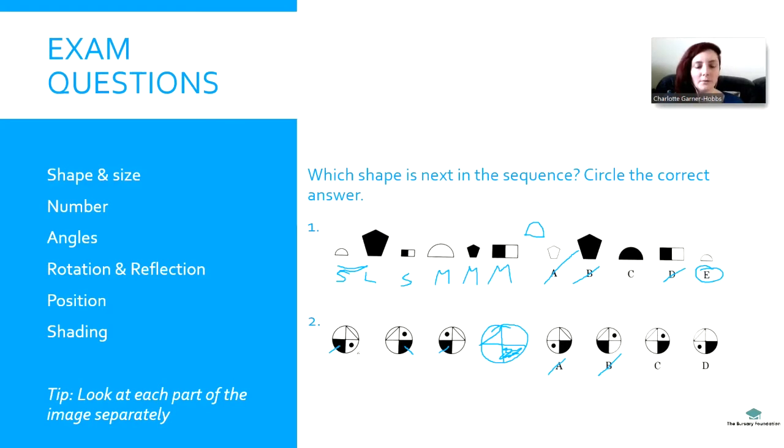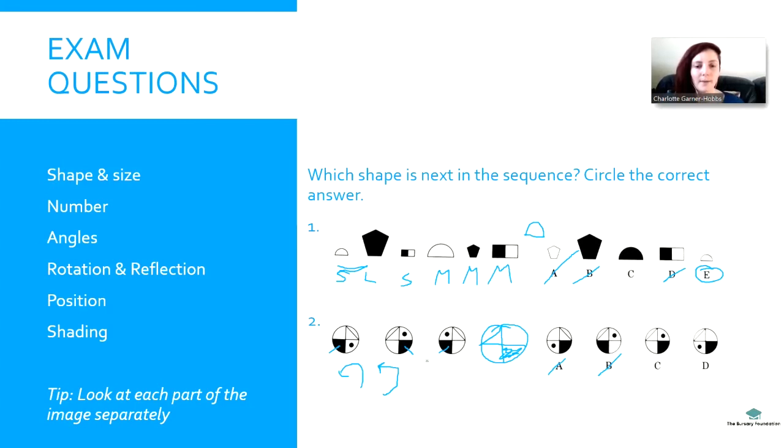Now at this point, I'm going to have a look at the little black circle here, which is rotating because it starts in the bottom right, moves around to the top right, and then to the top left. If you think of this as being a rotation, and again, you can draw this out if you need to help you, and pop a little arrow here, I can see that this is an anti-clockwise rotation that's happening.